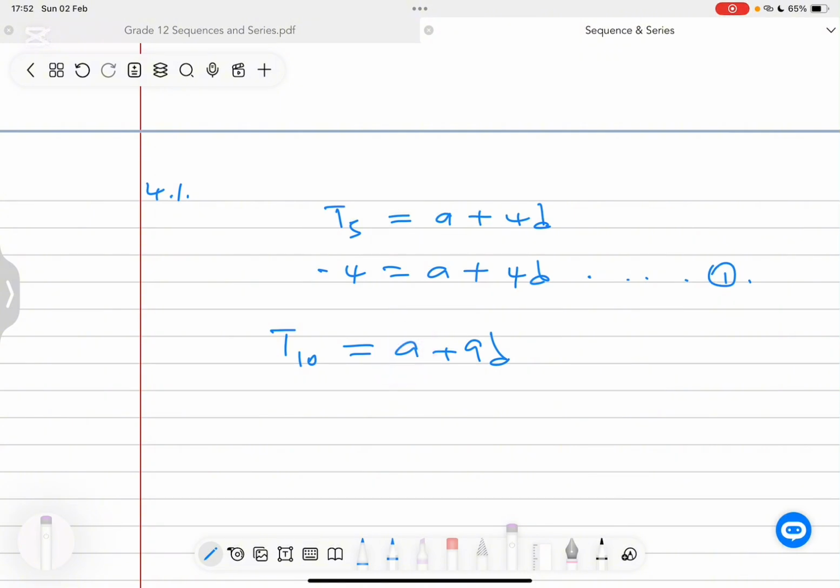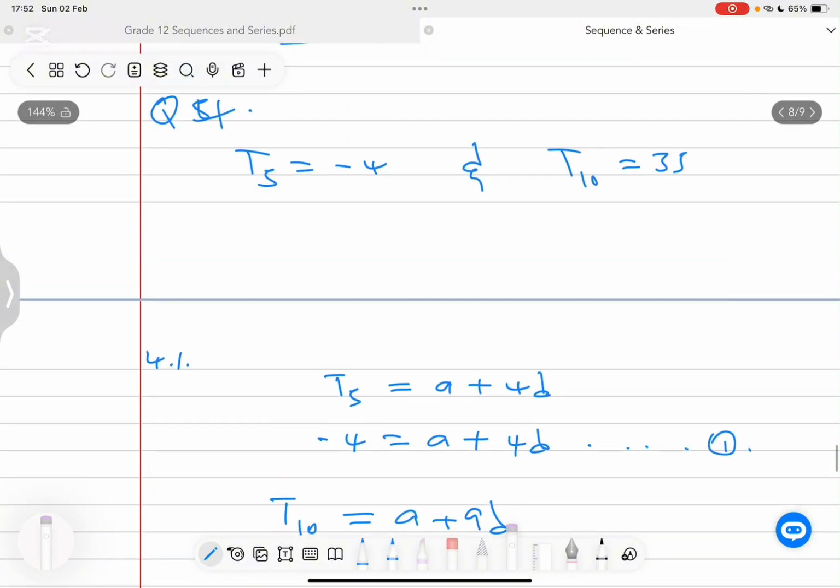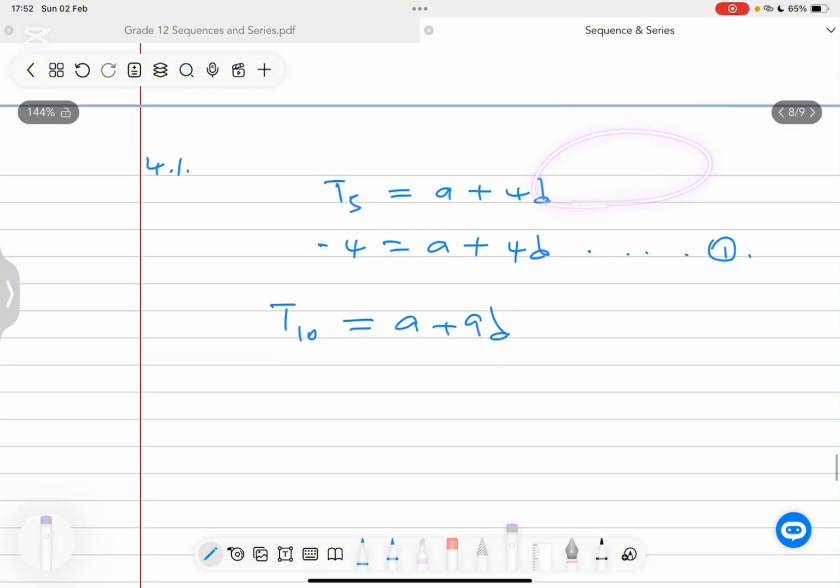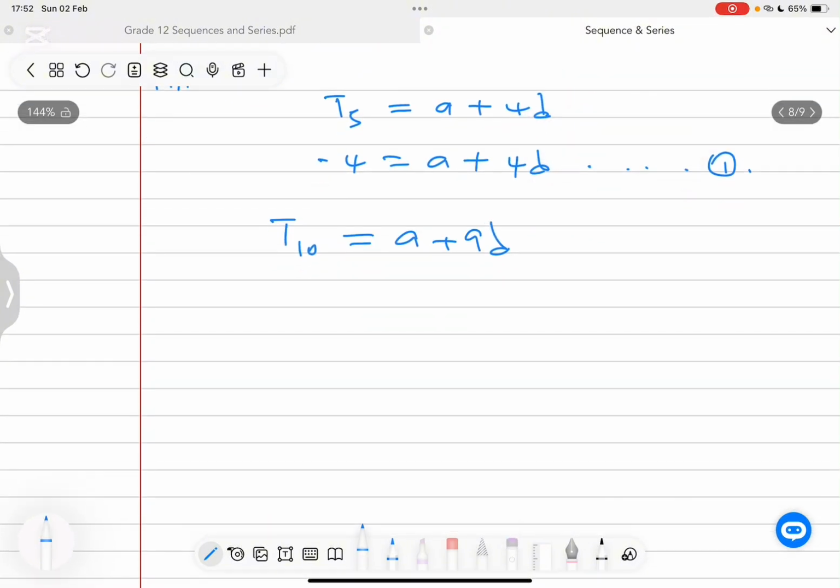The a doesn't change all the time, but the product of d would be 1 less than the number of terms. So if we subtract 1 here, we get a 9 in d, and then we'll still be able to find this term. Now, we're saying term 10 is defined by 35. So that here I have 35 is equal to a, which I don't know, plus 9d, the d as well I don't know. So now I can call this equation 2.